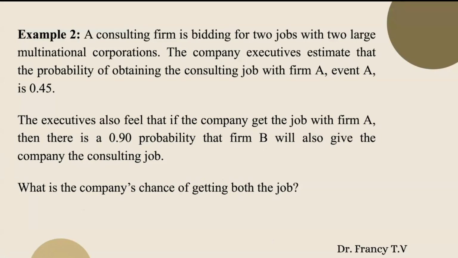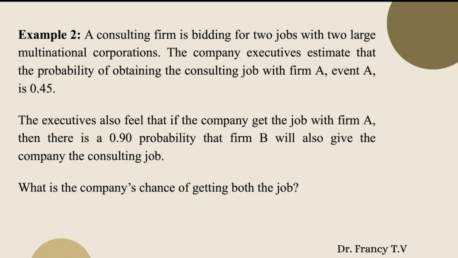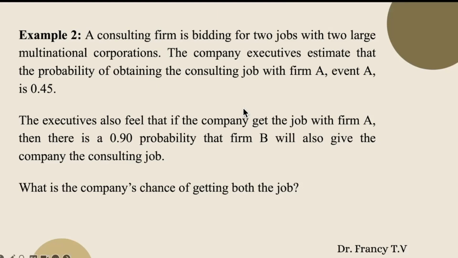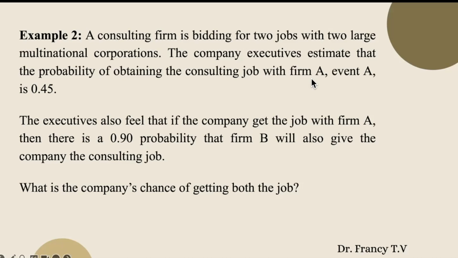As usual, let us analyze the problem. This firm is bidding for two jobs, one with firm A and the other with firm B. Let us name these two events as event A and event B. You are given that the probability of obtaining the consulting job with firm A, that means probability of A, is given to be 0.45.